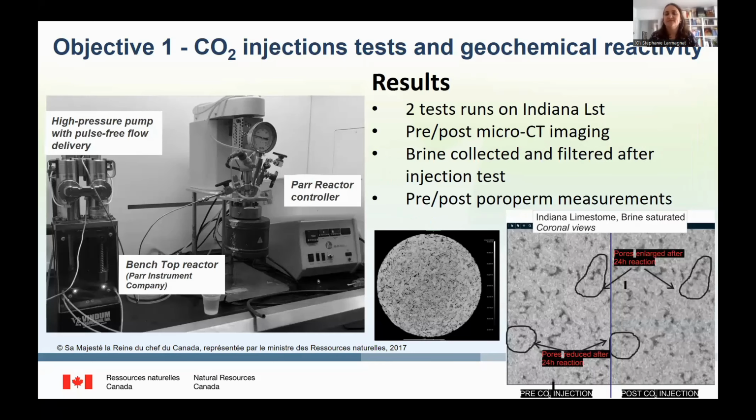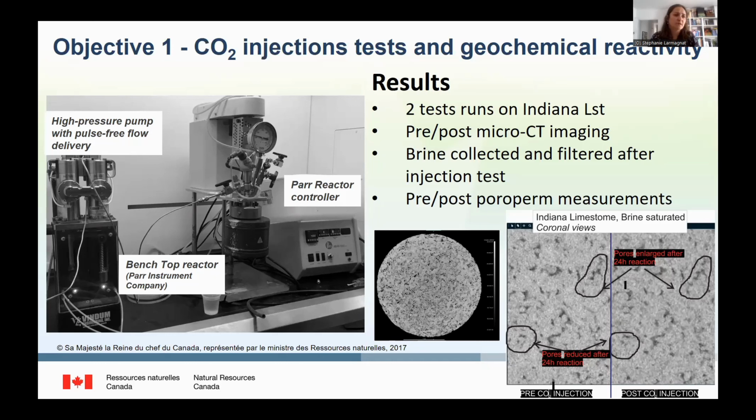The next slide shows the experimental setup, with our pump carrying the CO2 into our reactor. And we have the controller that ensures that we reach 40 degrees Celsius within the reactor. We made 2 test runs on an Indiana limestone at the moment.